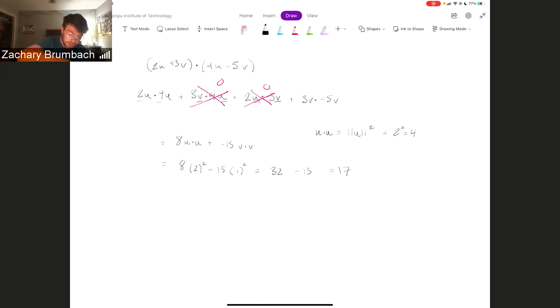Yeah, but you can always do this right here. You can just multiply the coefficients and move them over and then do the dot product. So if it says u dot v equals -1, then for this one, this would be 12v dot u plus -10u dot v.